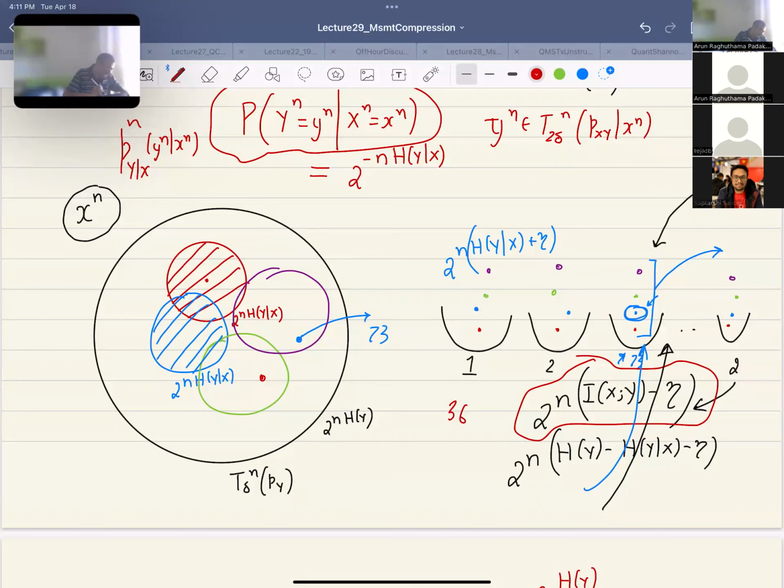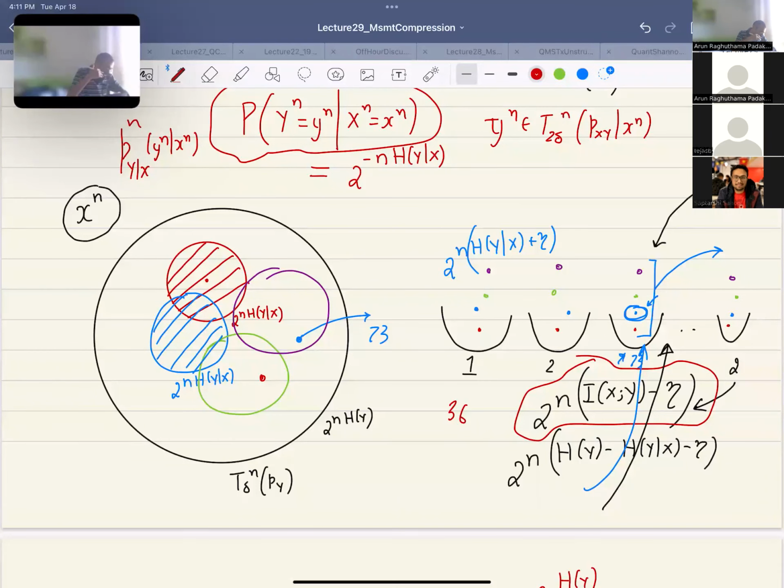Now, this bin index is just randomly picked by some third party. When this random index is given, Alice is going to go into that bin, and she will see her xn, and she will choose a yn that is jointly typical with her xn.